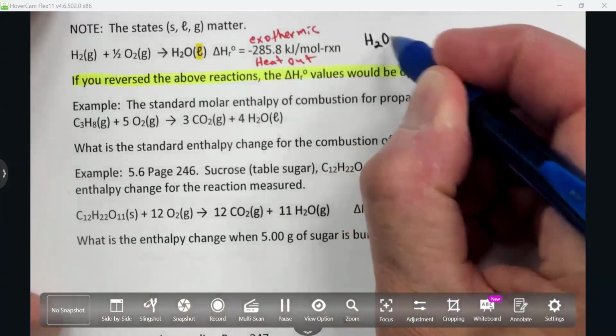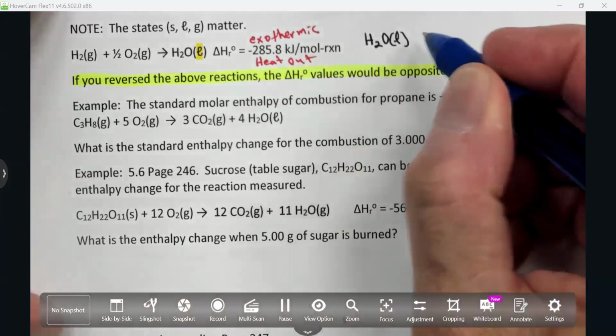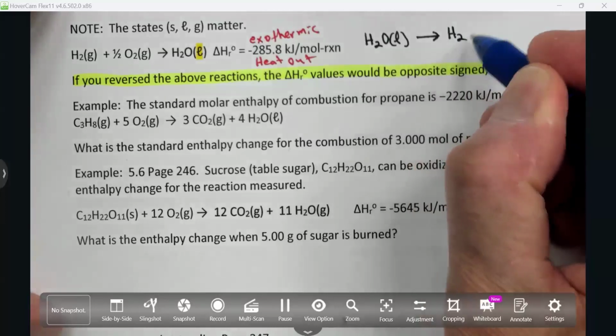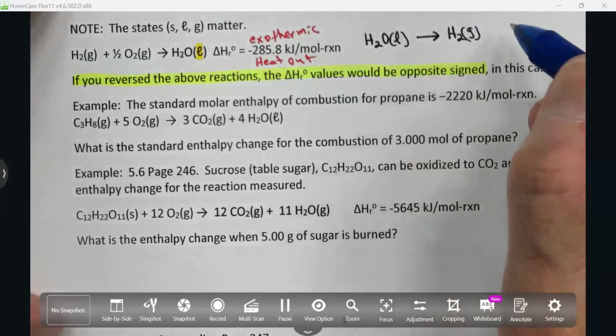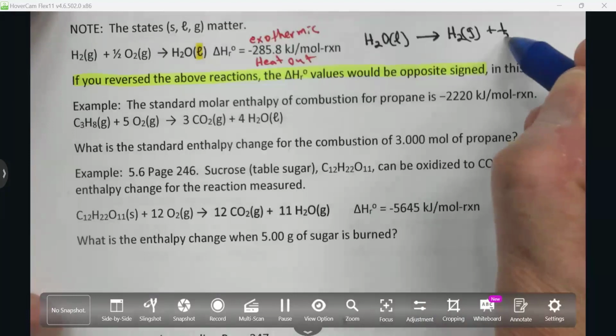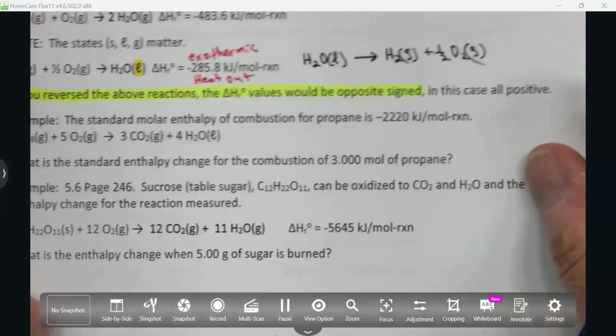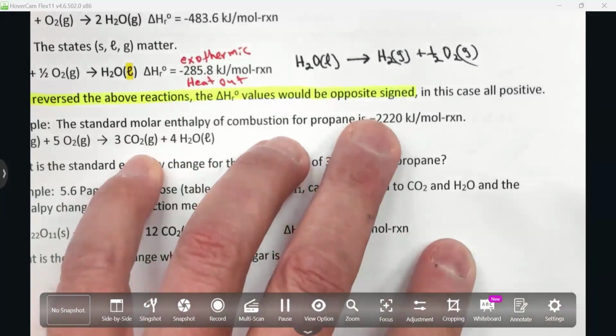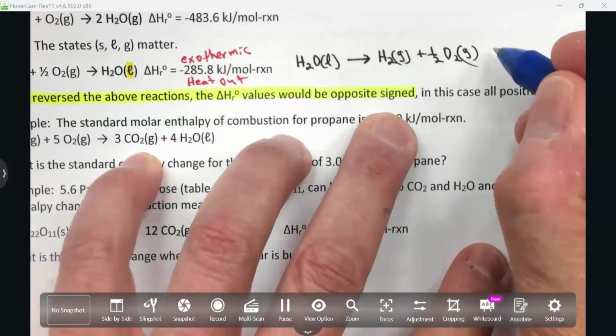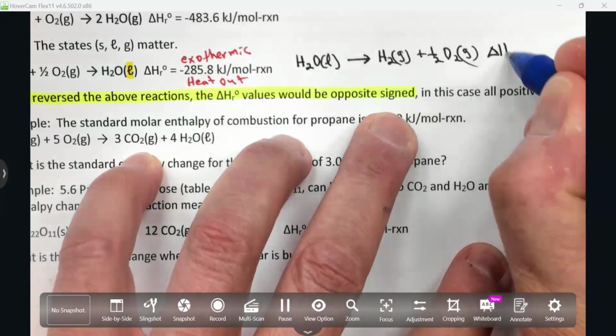I'm going to have H2O liquid. I would get H2 gas plus 1/2 O2 gas. I just reversed it. What's delta H going to be?